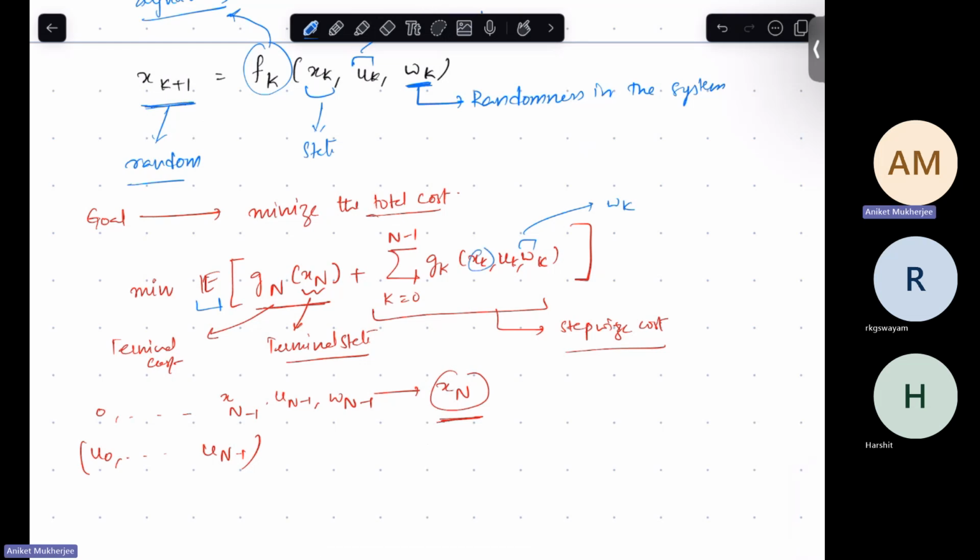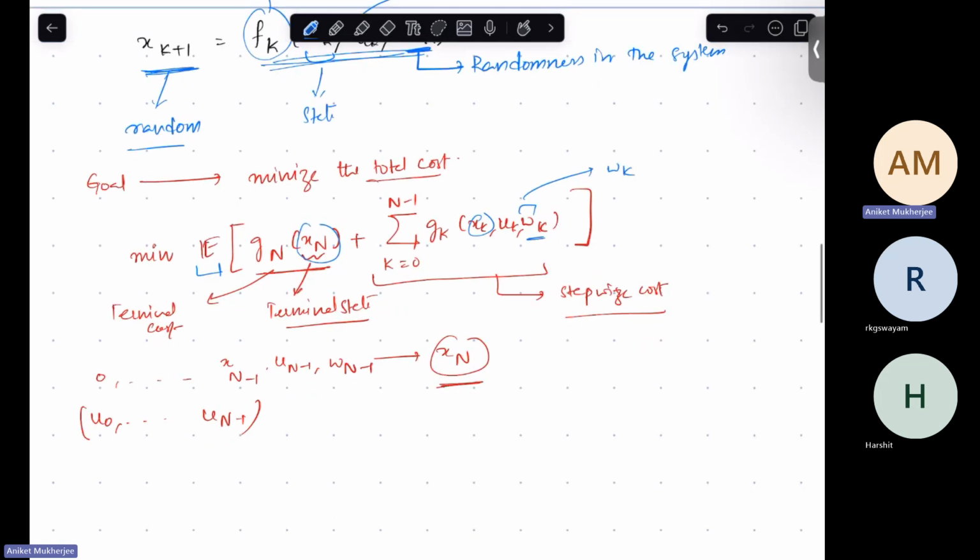So your next xks would also be random, because you'll have a whole sample path or whole trajectory of states which are random, because you have this random noise in the system. And hence your xn also would be random. So if you replace all the x with a function of this and do a recursion formula here, you will get randomness throughout in all the states. But for now this is fine. In later classes, we'll see how to solve this problem.